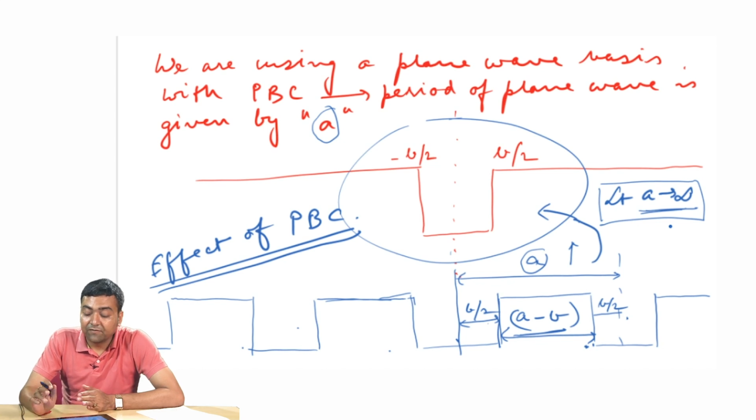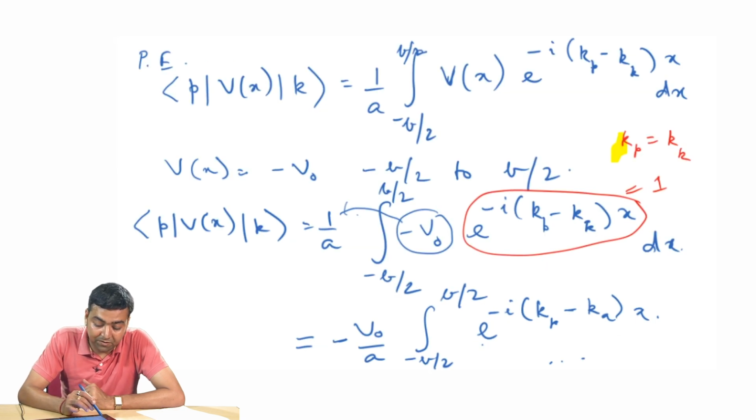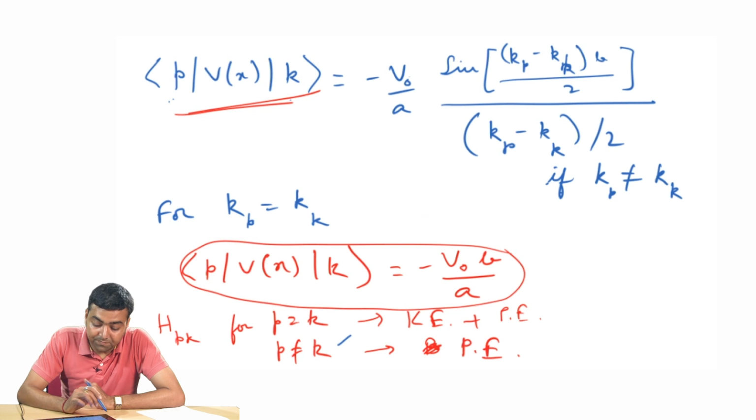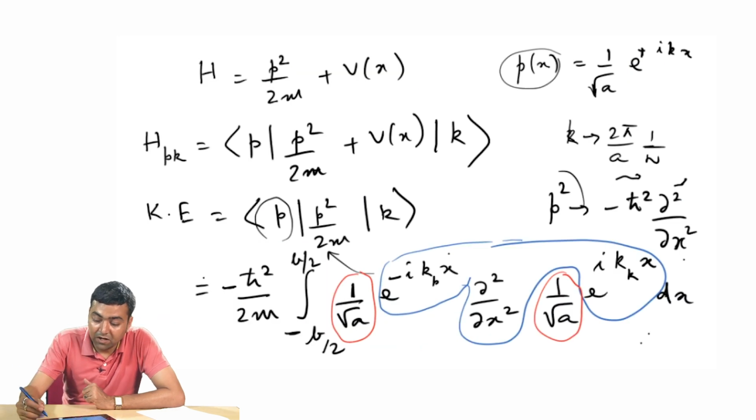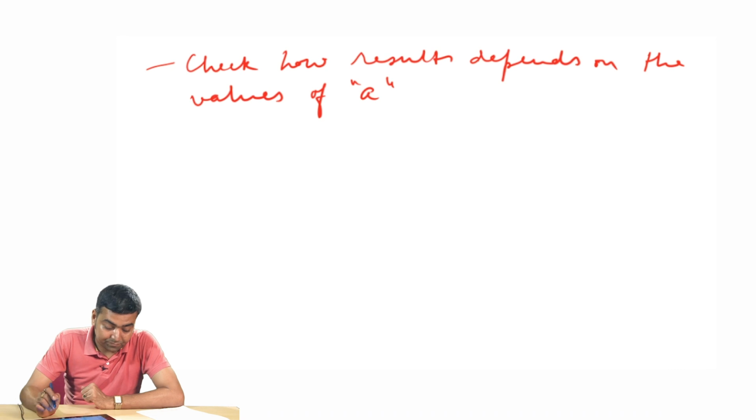But another advantage of plane waves as a basis set is that I can very easily and systematically increase the size of the basis set by just increasing the values of k in my expansion.